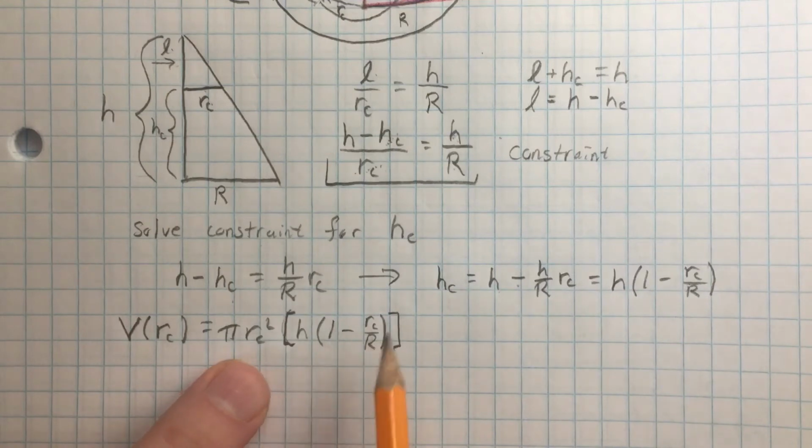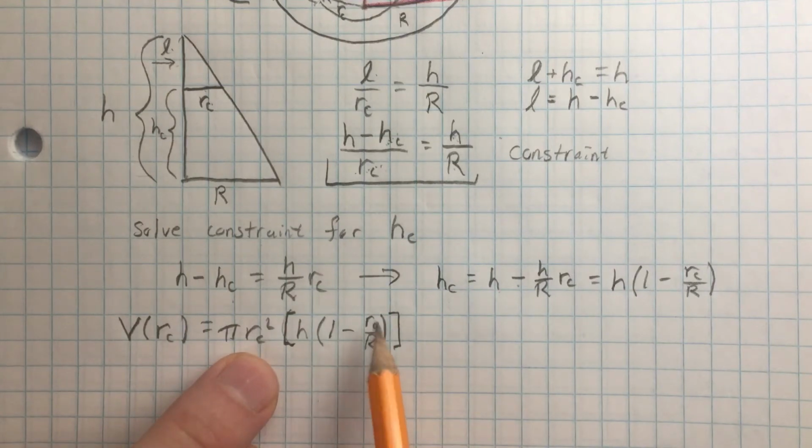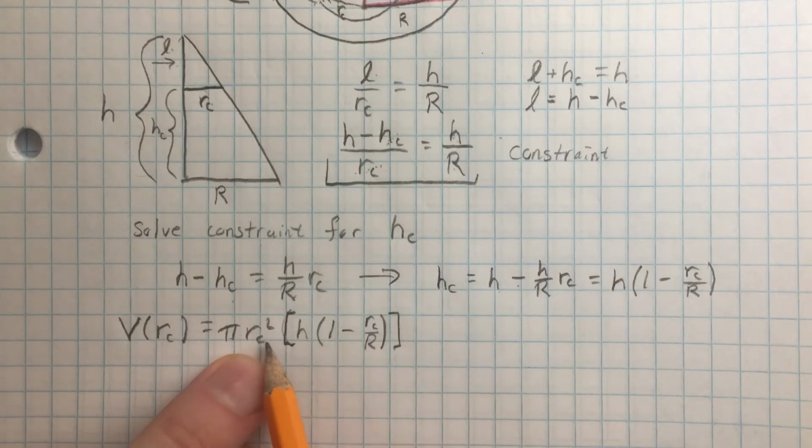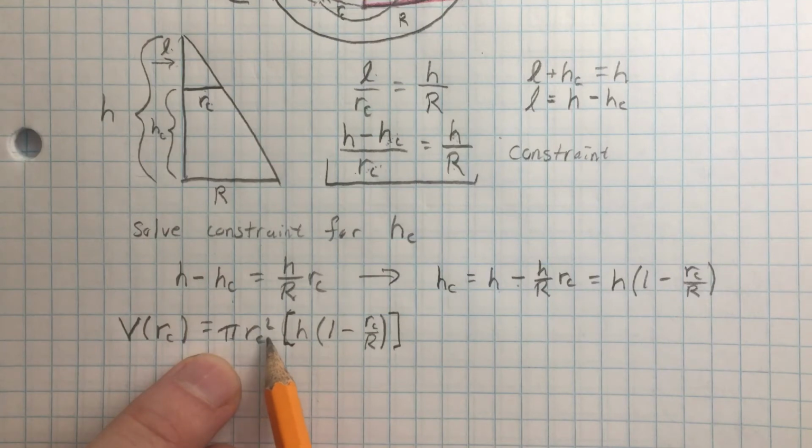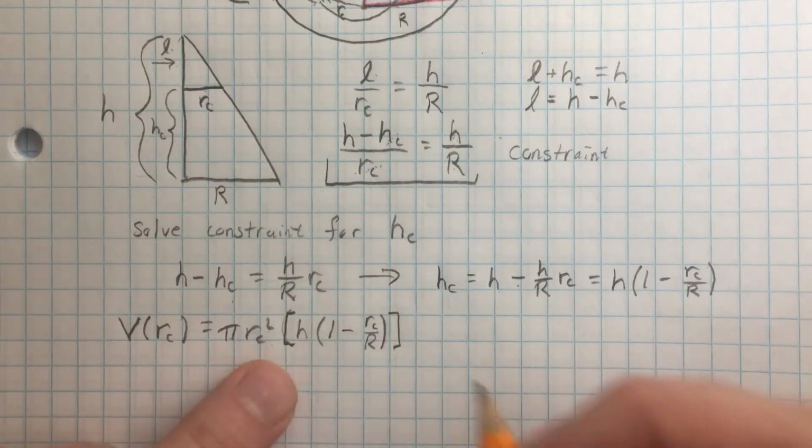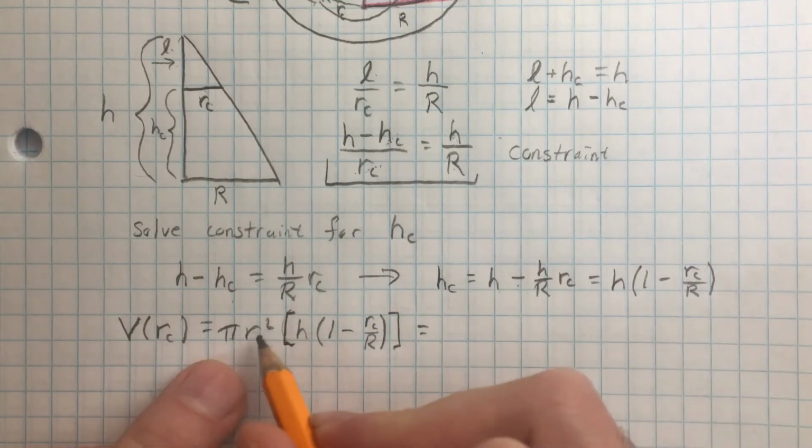So as before, remember rc is the variable. That's what I was trying to say at the very beginning of this problem. Try to keep your eye on what is variable and what is constant. rc is the variable, so therefore really this is like a cubic function. If you multiply rc squared into here, which I'm going to do right now, I'm going to take the h out, it's a constant.